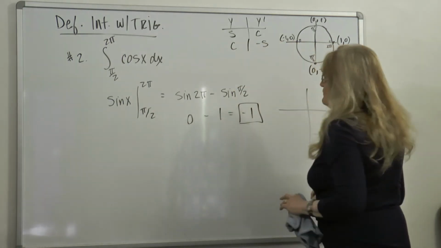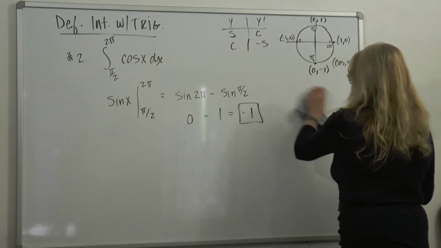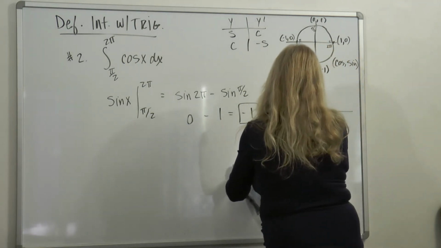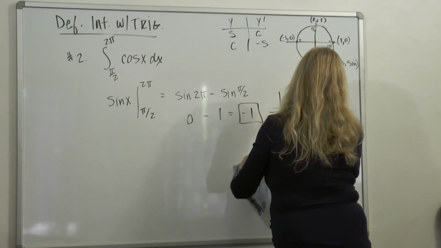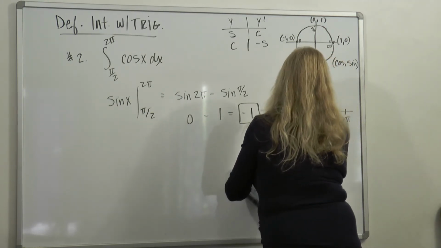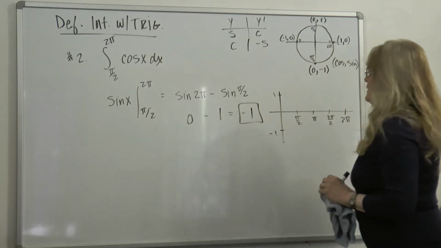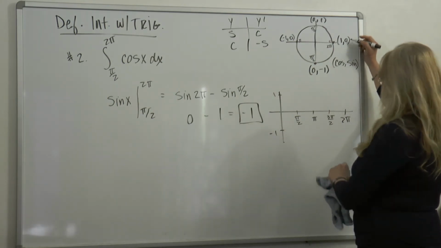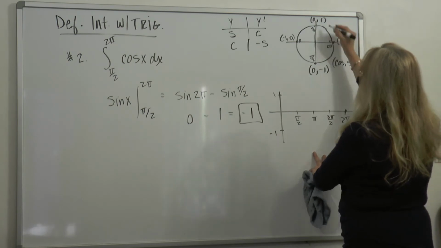Now if I were to graph the sine, let me make this better. So this is 2 pi, 3 pi over 2, and pi over 2. And 1, and negative 1. The sine of 2 pi is 0. The sine of pi over 2 is 1.